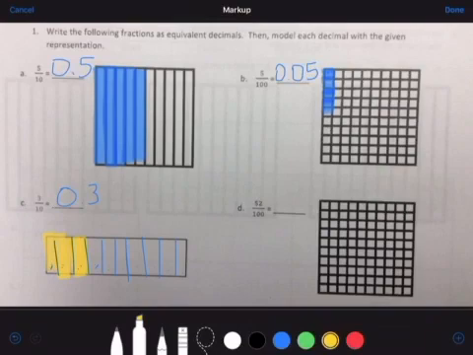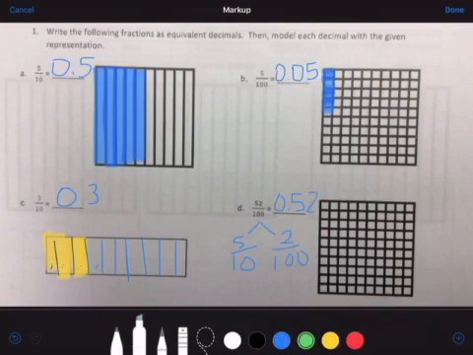Then D asks us to show 52 hundredths. 52 hundredths would be the same as 5/10 and 2 hundredths. So when I write that, that's going to be 0 in the ones column. I put my decimal, a 5 in the tenths column, and then a 2 in the hundredths column.